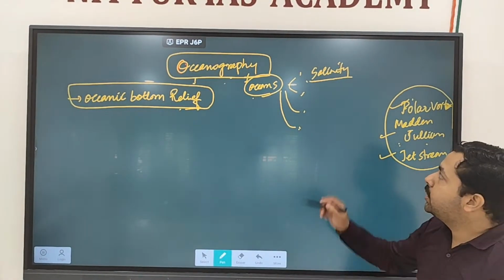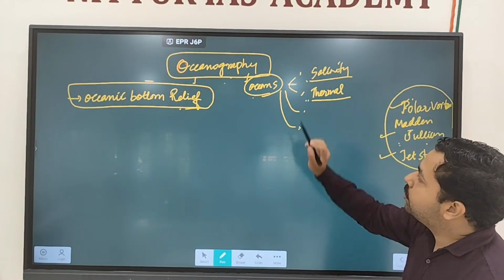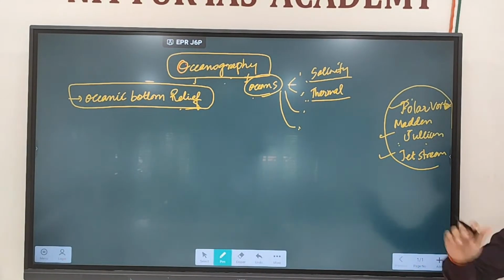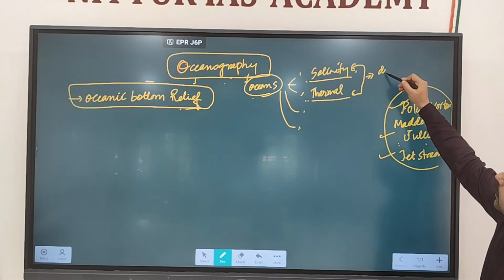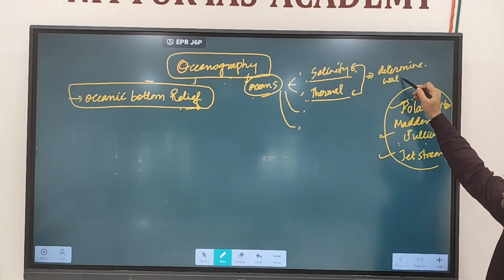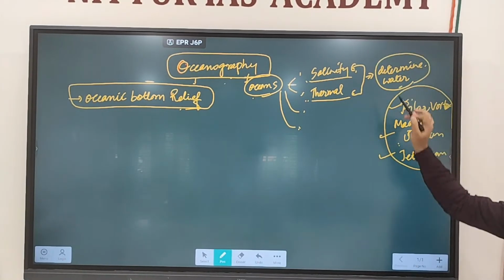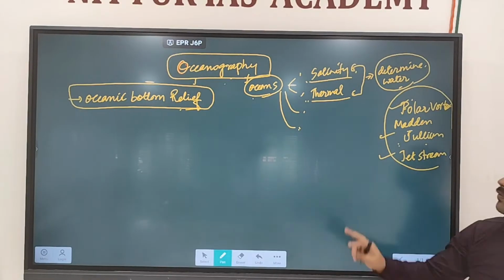Thermal temperature of the oceans you need to study, because both salinity and thermal things determine the movement of water. So you have to study about the salinity and the thermal part of the oceans.